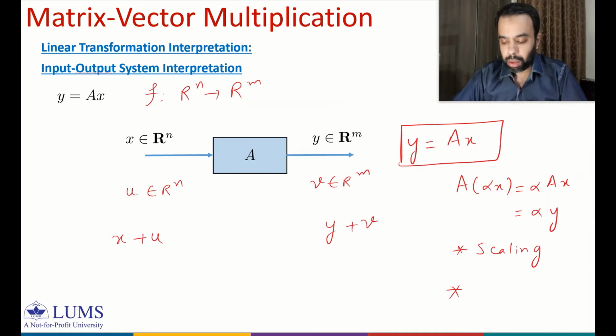And this property is called additivity or superposition. If a system satisfies both additivity and scaling, we say a system is linear.